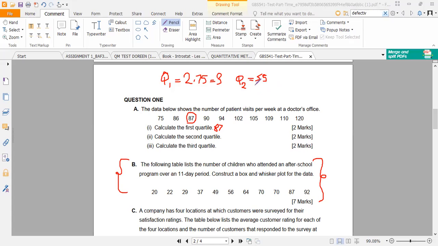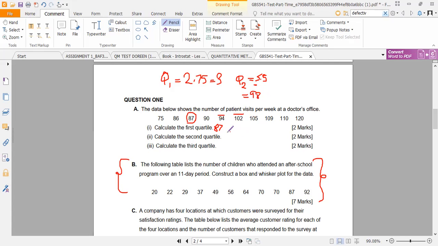The number which is appearing there and the next. If there are 6, the 6th and the next. If there are 19, the 19th and the next, divide by 2. So the 5th and the 6th divided by 2. So 1, 2, 3, 4, 5, and 6. So we add these 2, divide by 2. What are we getting? 98.